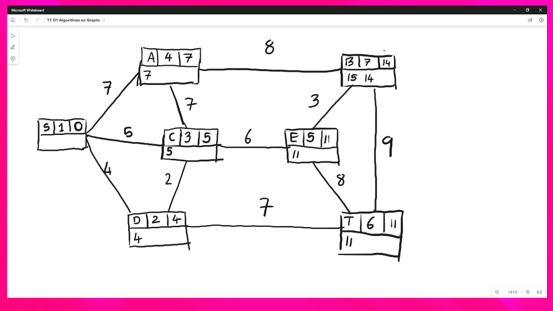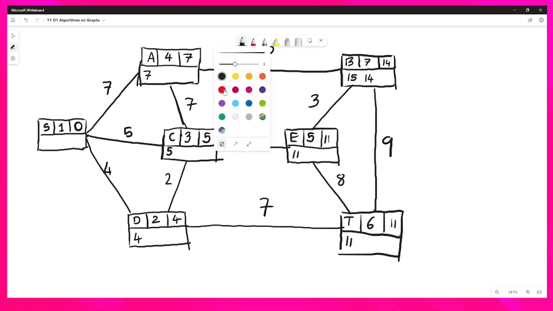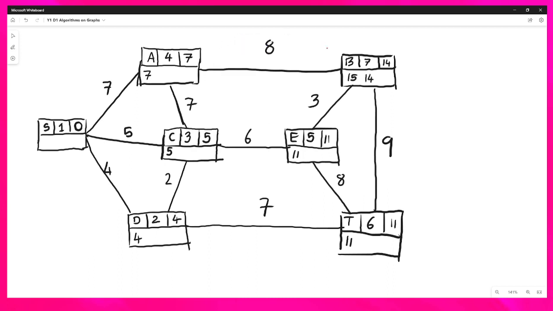We found the shortest distance from S to B, but we need to work out the actual route, because that's what we've been asked to do. So we can see, working backwards, 14 minus 7, so the final label at B minus the final label at A is not equal to the length of AB.